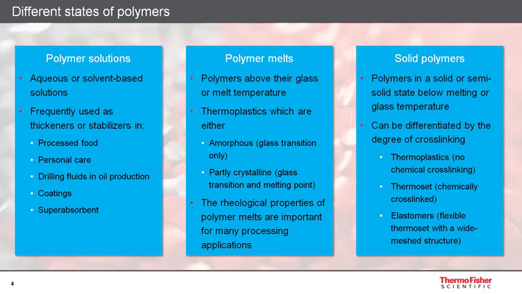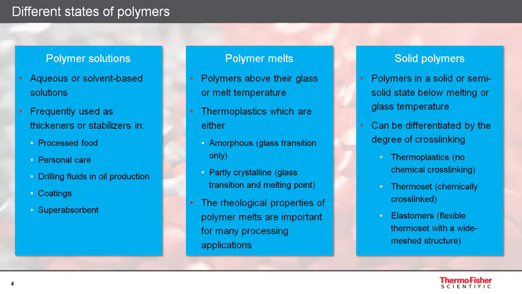When brought above their glass or melt temperature, polymers form viscoelastic liquid melts. True melts are formed by thermoplastic materials which contain non-cross-linked polymers only. Thermoplastic polymers can be either amorphous or partly crystalline. Amorphous thermoplastic materials become soft when their glass transition temperature is exceeded.